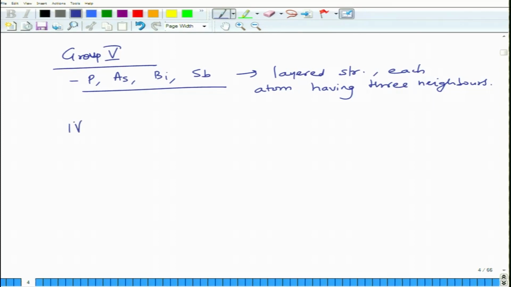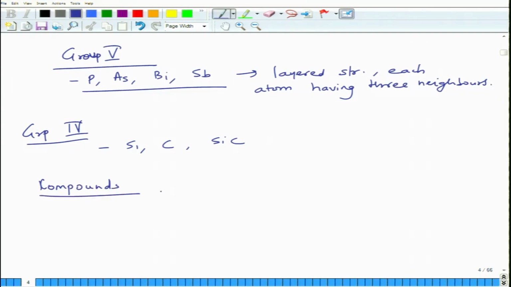And then the most famous is group 4. Group 4 contains your silicon, carbon, silicon carbide, a solid solution of silicon and a compound made by silicon and carbon. These are all diamond structured materials. They are covalently bonded, very strongly covalently bonded. And then we have compounds.